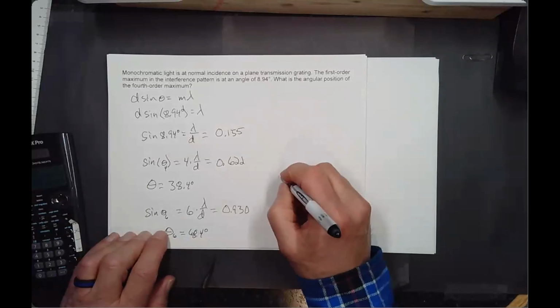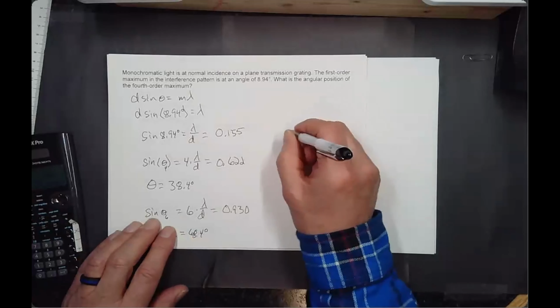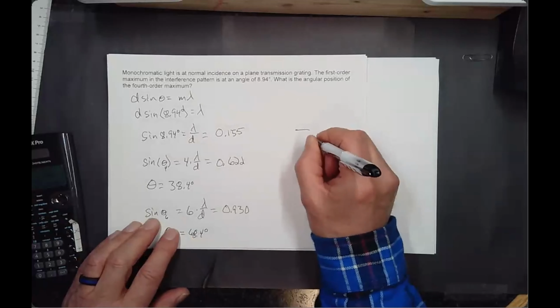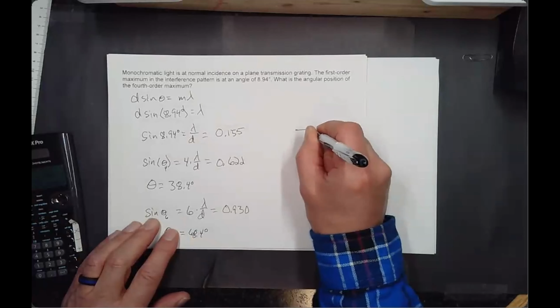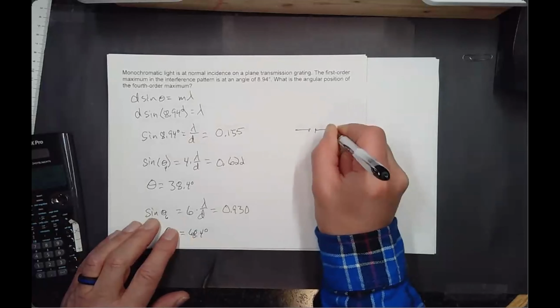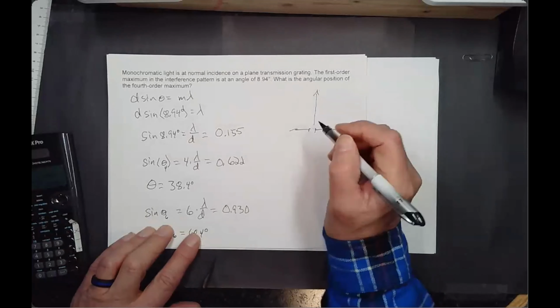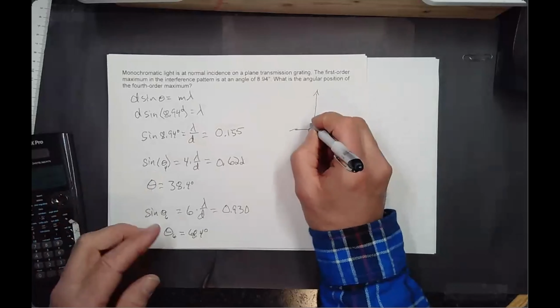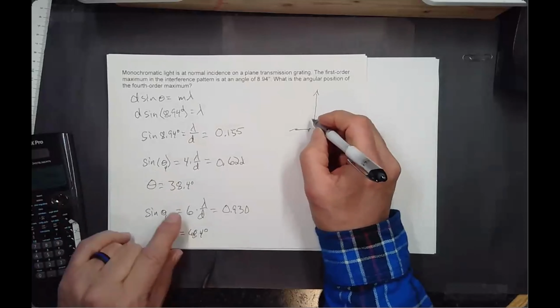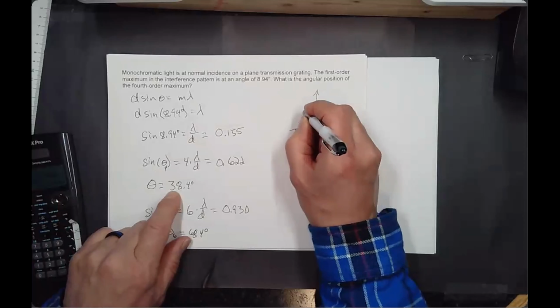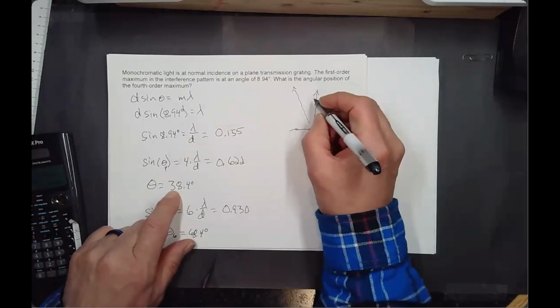So what we'd have in this case is, if you had the grating right here, you'd see something straight ahead. We calculated the fourth order maximum out at about 38 degrees, which is going to be out roughly here.